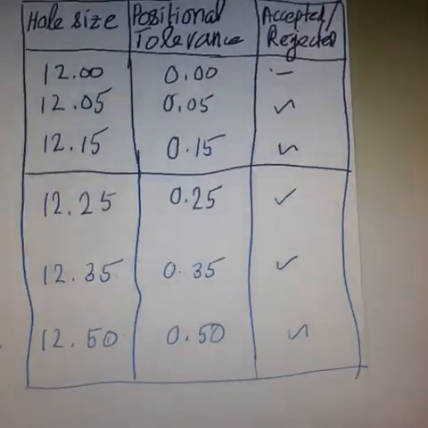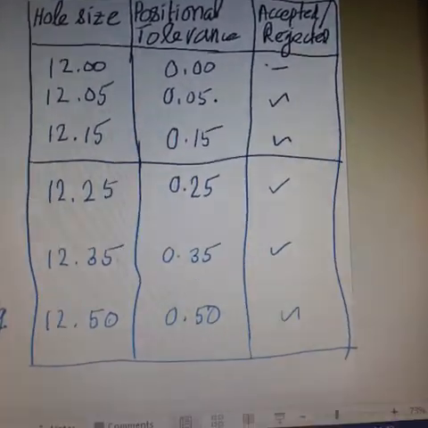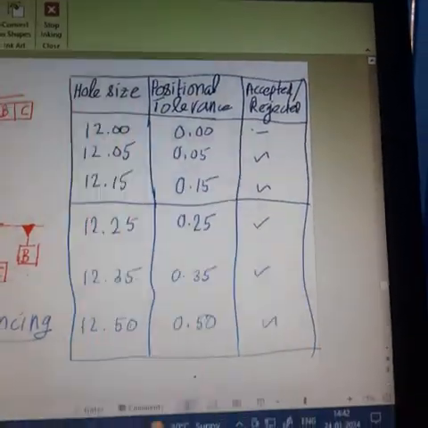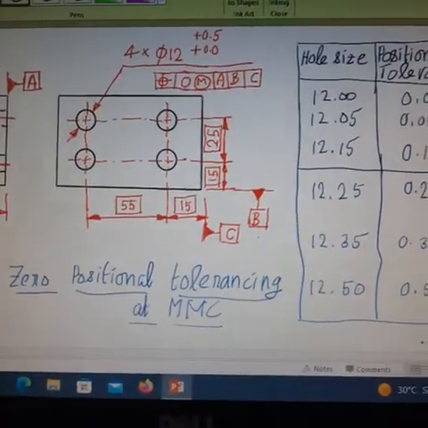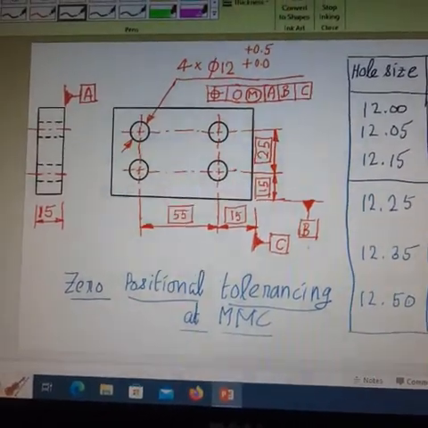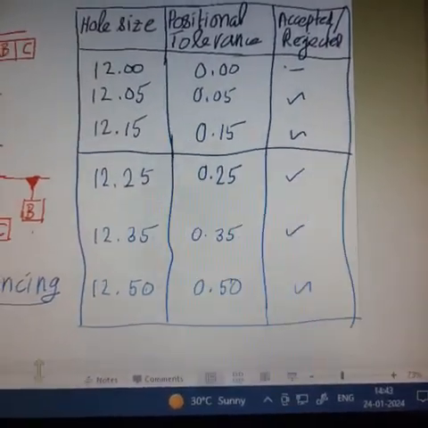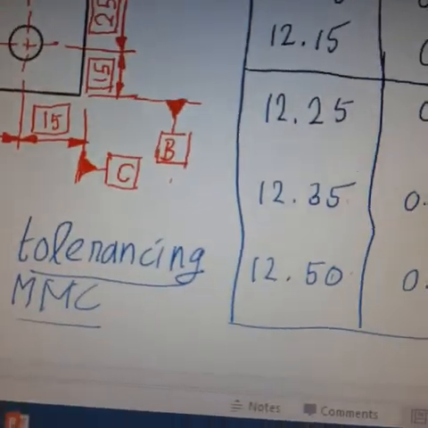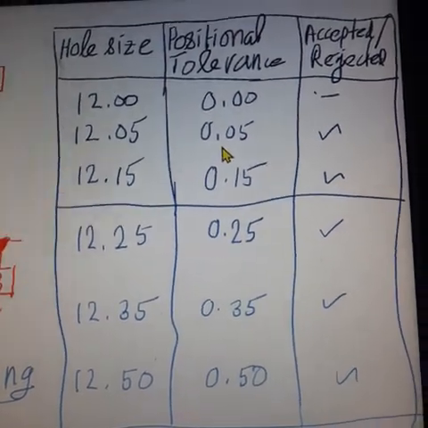When you make a hole of 12.05, the hole must be within a tolerance zone of 0.05 mm. So what is the advantage of converting a drawing using zero position tolerancing? More components can be accepted, because a hole size of 12.05 can be accepted as long as the holes are located within the applicable tolerance zone of 0.05 mm.